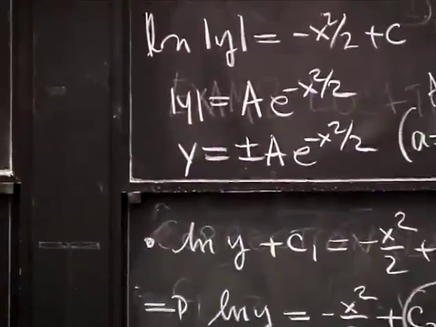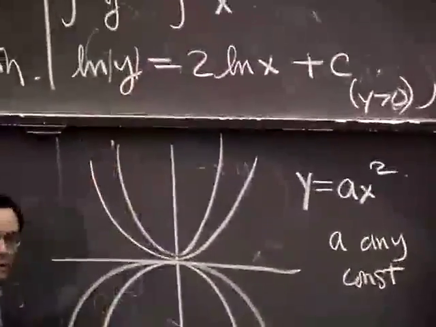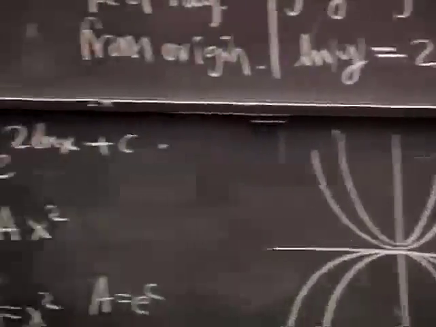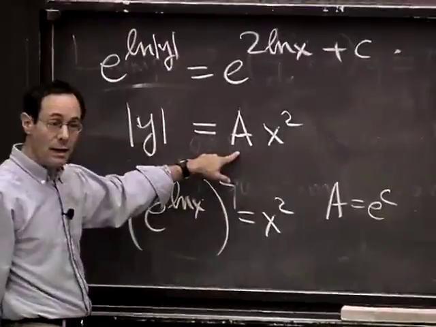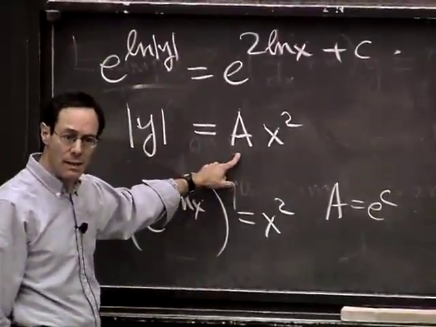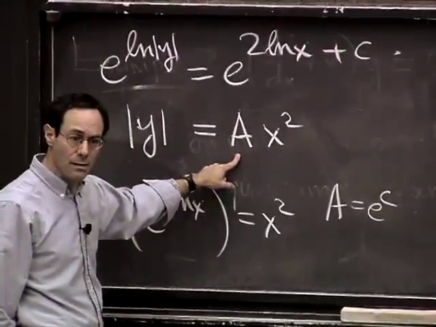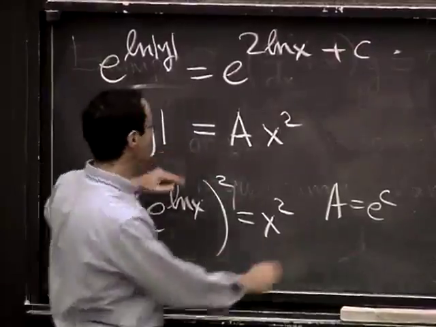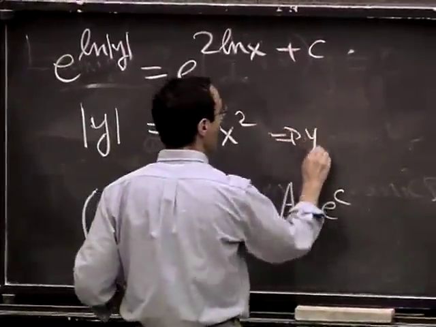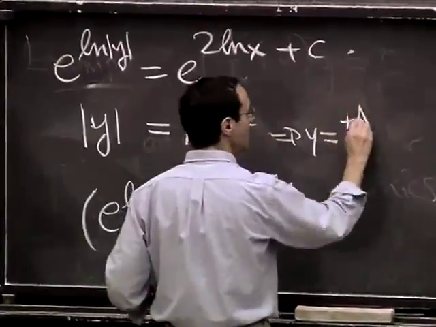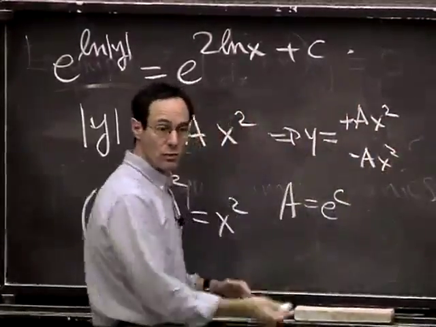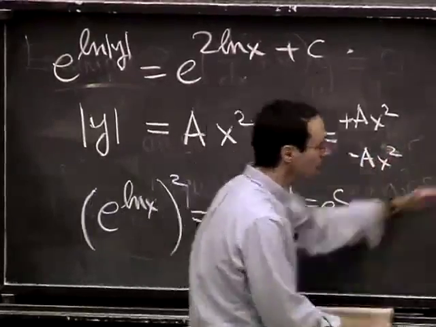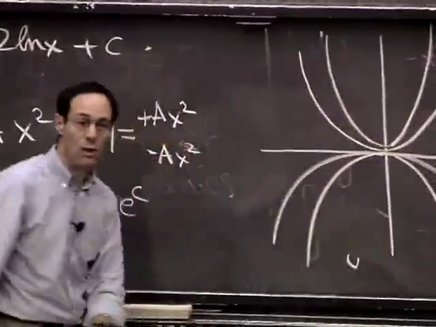All right? And that would have been a perfectly legal thing for me to do. I could have put in absolute values here, in which case I would have gotten that the absolute value of this was equal to that. And now you see I've covered the plus and minus cases. So it's that same idea. This implies that y is equal to either plus ax squared or minus ax squared, depending on which sign you pick. So that allows me for the curves above and the curves below.